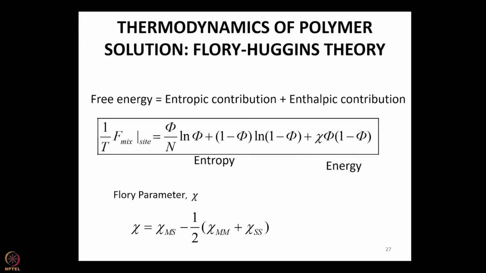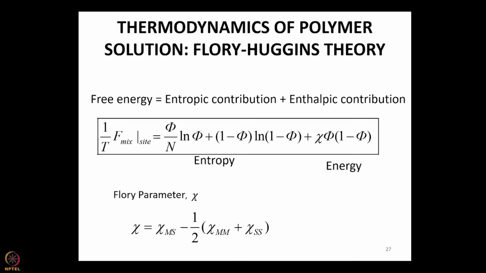Then you can see the first term and the second term on the right hand side. This is the free energy of mixing, and the free energy of mixing has the entropy term. That means how many ways I can place a polymer of size n, polymer size n, let's say n_p.